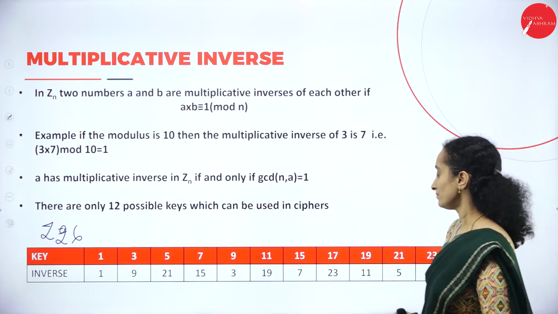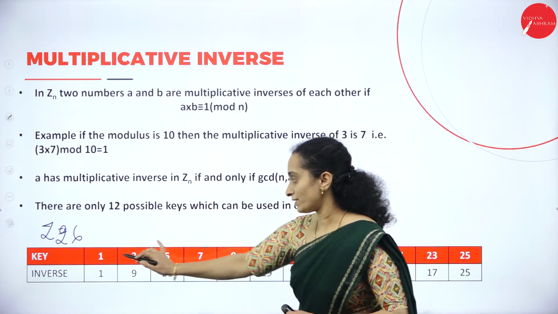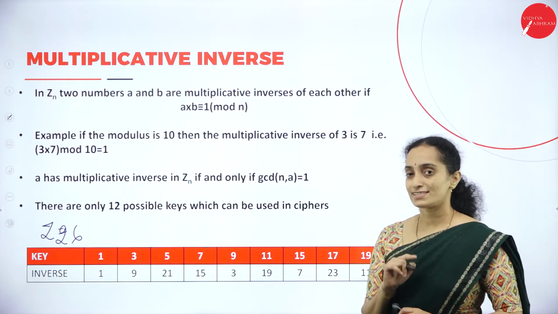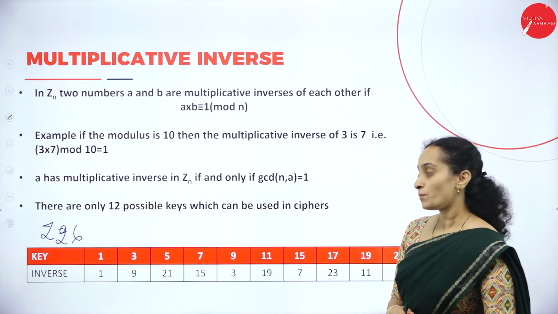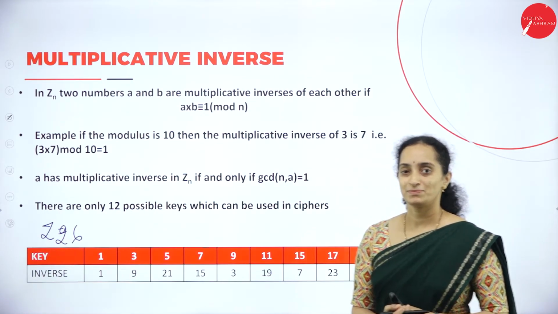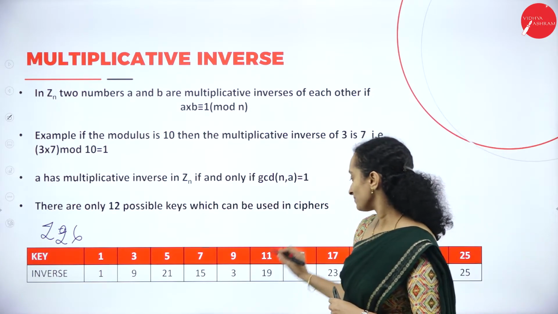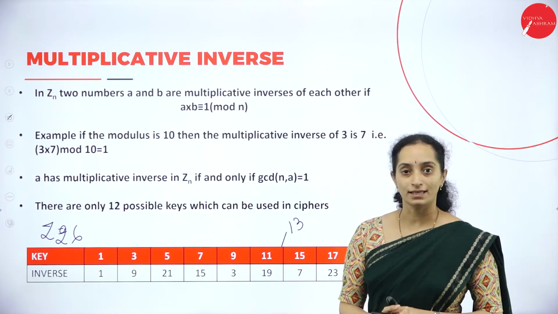You can observe here, if you check with all the keys, you are missing one number. Which is that number? Can you check? One number is missing. Which number is missing? We are missing the odd number 13.